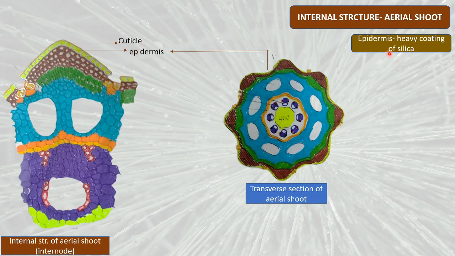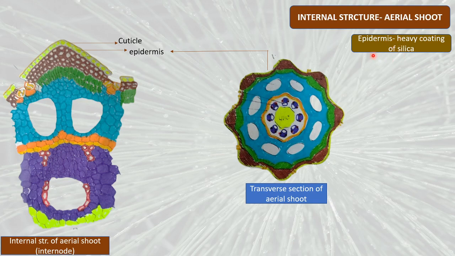This silica actually helps also in support, and also this makes the surface rough, because of which it can survive better, because of it becoming rough from outside, right? So silica is mainly also for support.